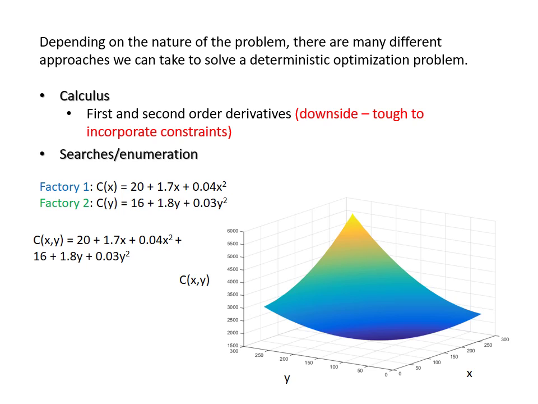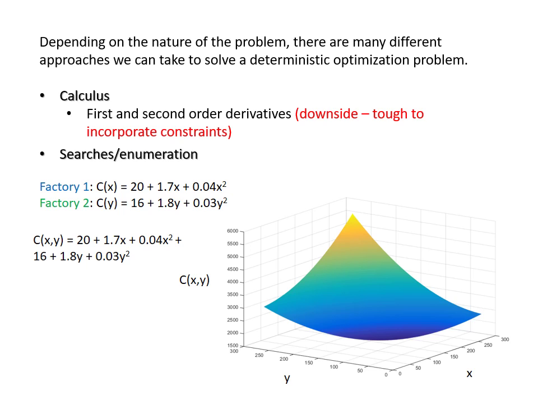Some of you may recall that we can use calculus to find minimum and maximum values by taking, in this case, the first and second order derivatives. The downside to doing this, besides the fact that you have to use calculus, is that it can be tough to incorporate constraints, and obviously the more complicated the problem gets, the more complicated the calculus gets.